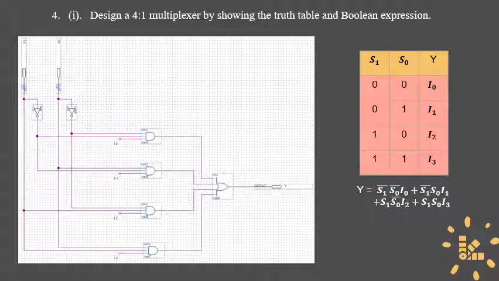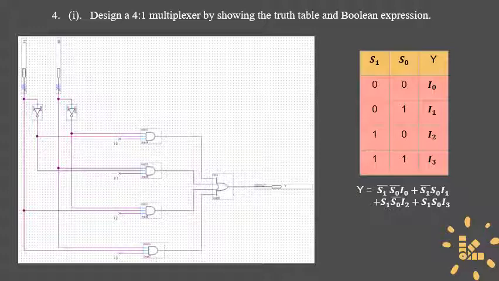So for question 4, for 1 Roman, design a 4 to 1 multiplexer by showing the truth table and Boolean expression. In the 4 to 1 multiplexer block diagram, there are 4 inputs, 2 selectors and 1 output.